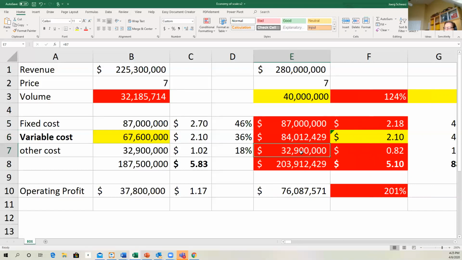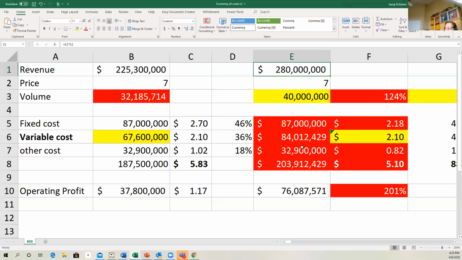You see the other cost also stays the same because the other cost in the simulation is dependent on the revenue of the prior year. It's a percentage of the revenue of the prior year. You don't have influence on that. It's automatic. So the more revenue you generate, so let's say if I can generate a demand for 40 million units, I sell all these 40 million units that I produce, I will generate a revenue of $280 million.